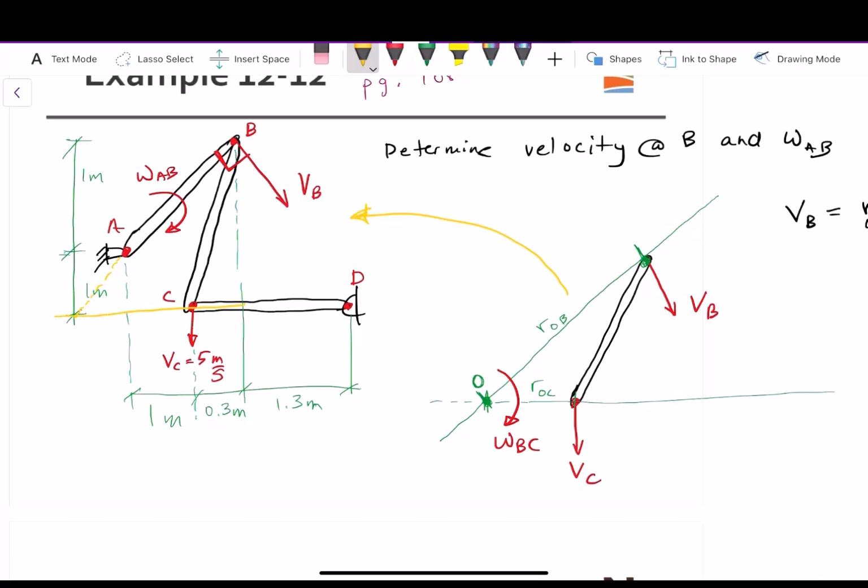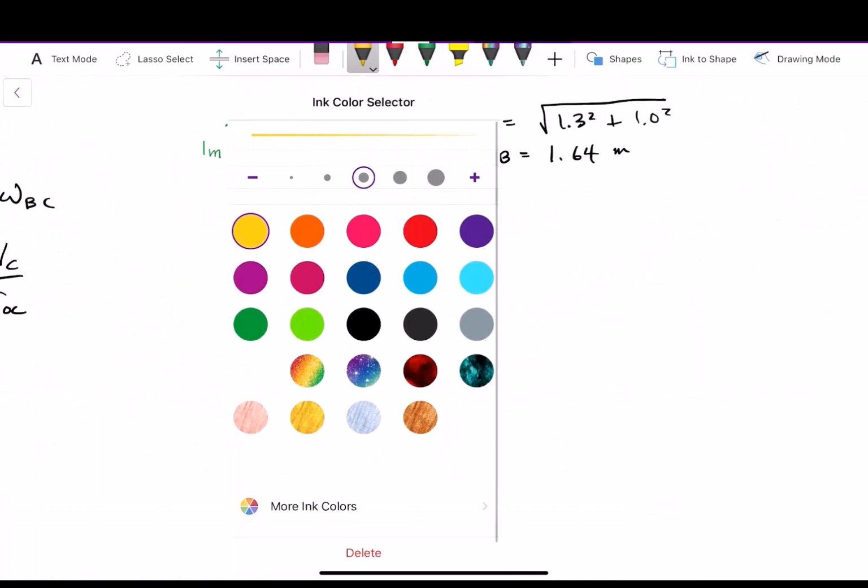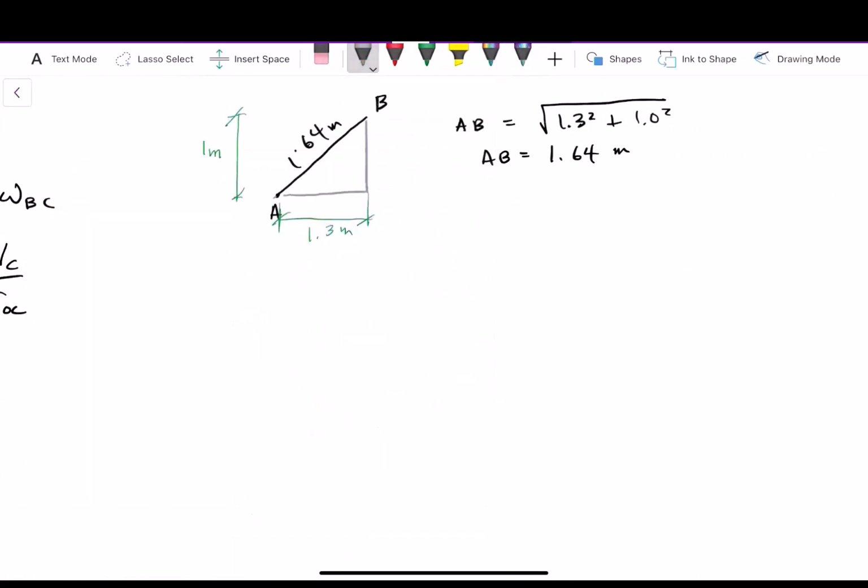What we end up with is a much larger right triangle compared to the first, but interestingly, it is just an extension. All I'm doing is extending this out further.